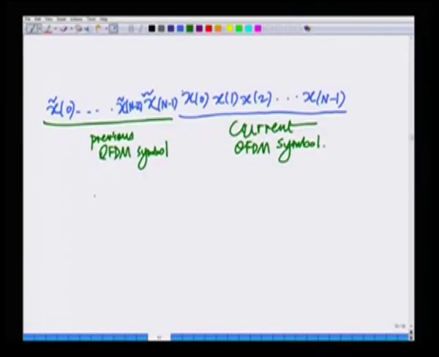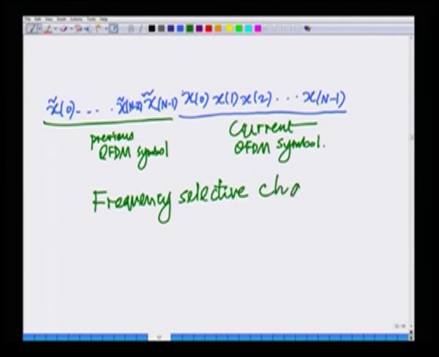So, I will choose the taps of this multipath frequency selective channel as follows. The frequency selective channel can be modeled as a multi-tap channel with taps H0, H1 up to HL minus 1.